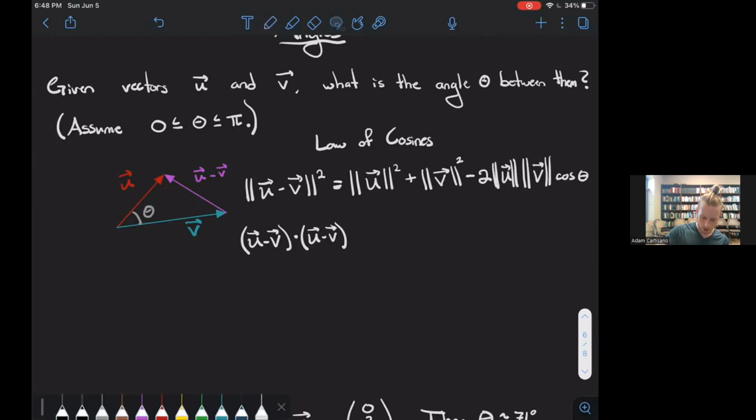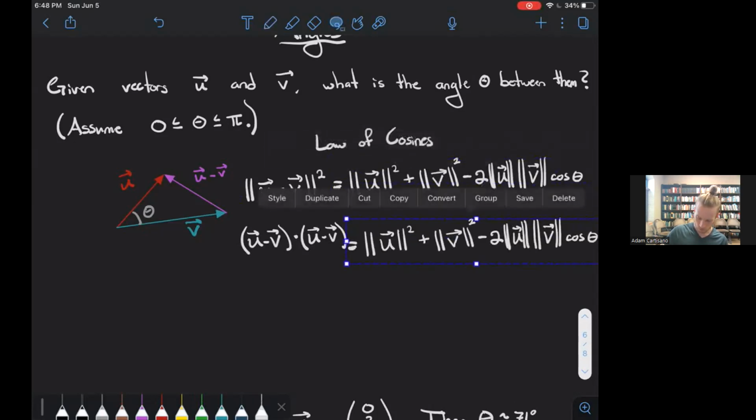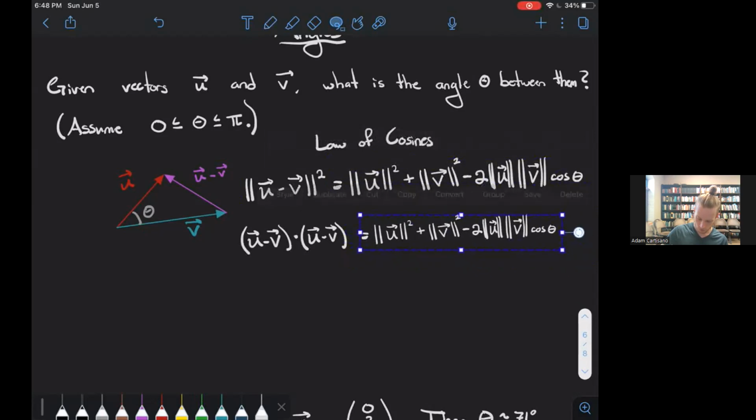On the right-hand side, I'm just going to copy that. Using a lot of properties of the dot product. Remember, the dot product is distributive. That's the only property that we're using, several times.